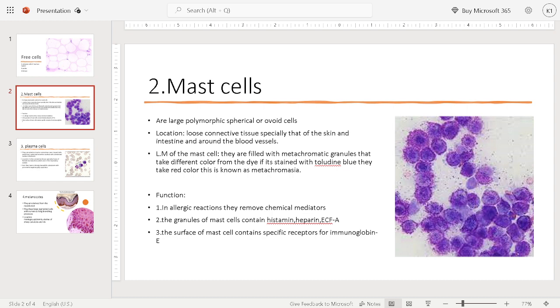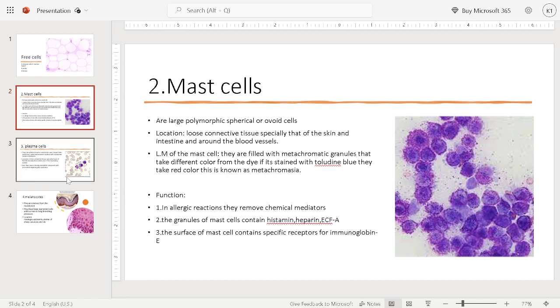This is the long form. Number 3, the surface of the mast cell contains specific receptors for immunoglobulin E, or IgE, on the outer membrane.